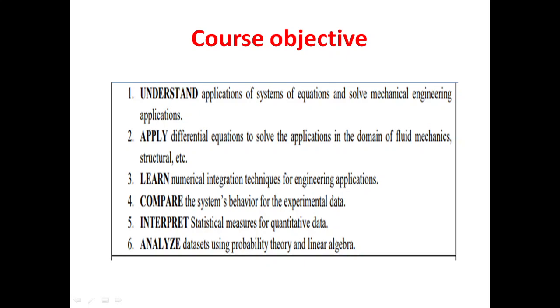Suppose we have 100 machines, you will get 100 readings. You have to manage that data systematically. That is given in statistics: when you get quantitative data, how to visualize or manage that data systematically. We'll learn that in statistics.